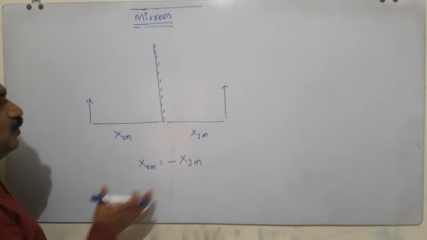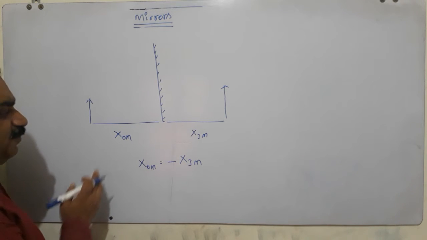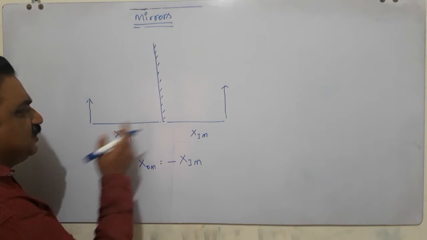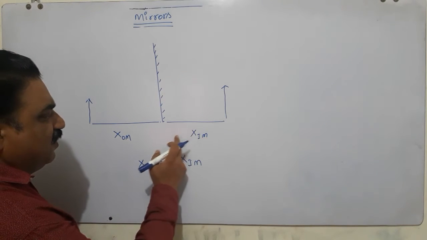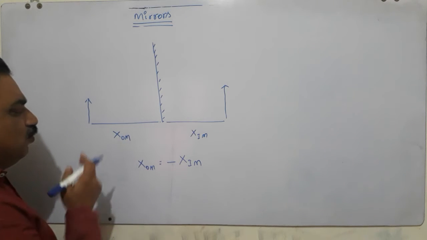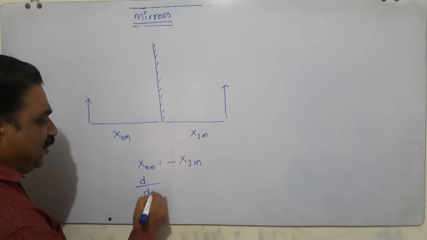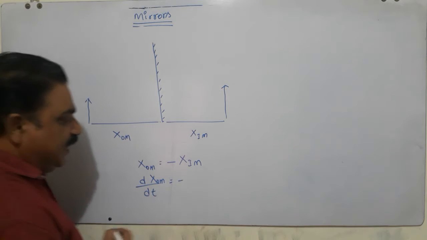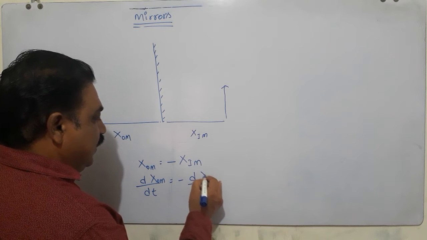Now, I am going to take a derivative of this with respect to time, so that we can find the velocity of the object as well as the velocity of the image relative to the mirror. That means d by dt of XOM is equal to minus d by dt of XIM.